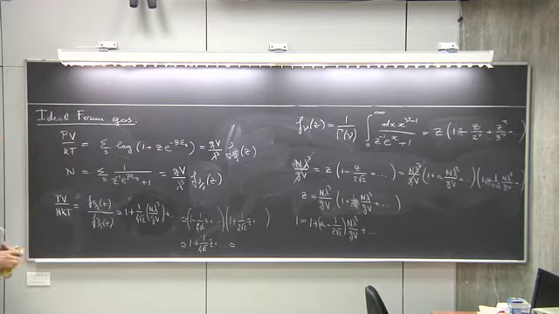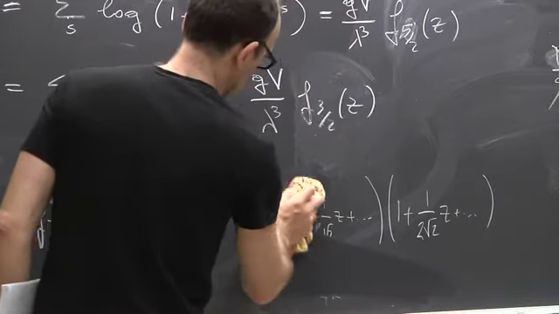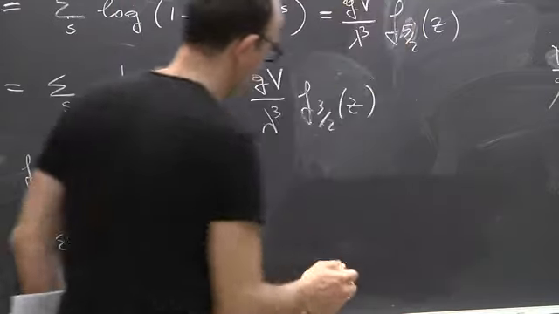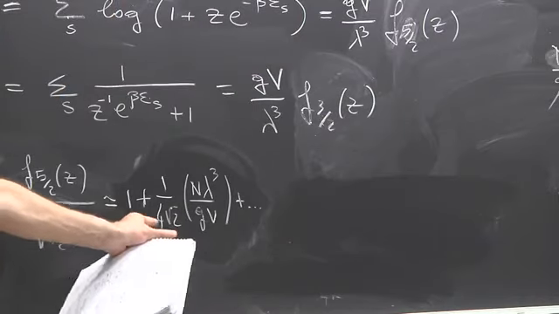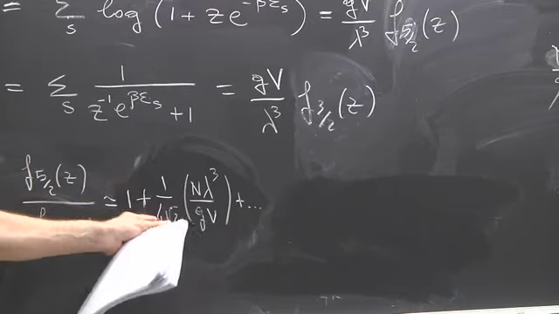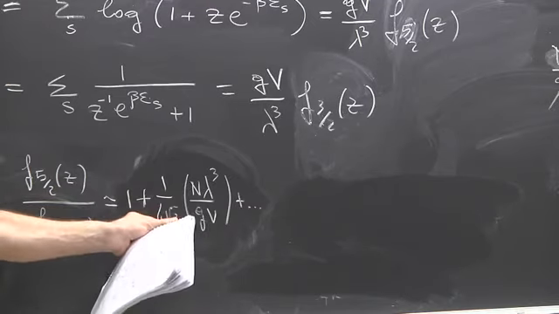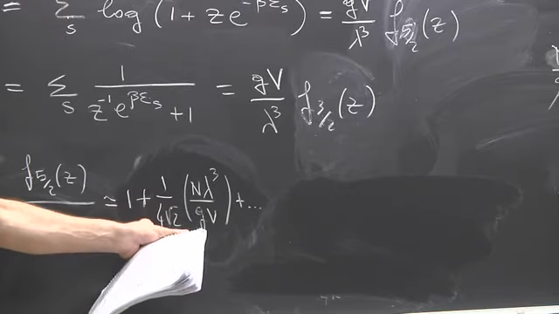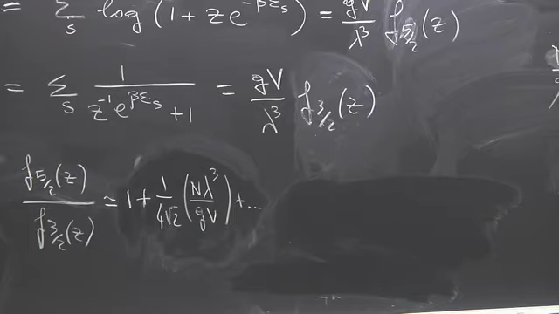So you see, in contrast to the Bose gas, if you remember, this is the first coefficient of the virial expansion. That coefficient was negative.